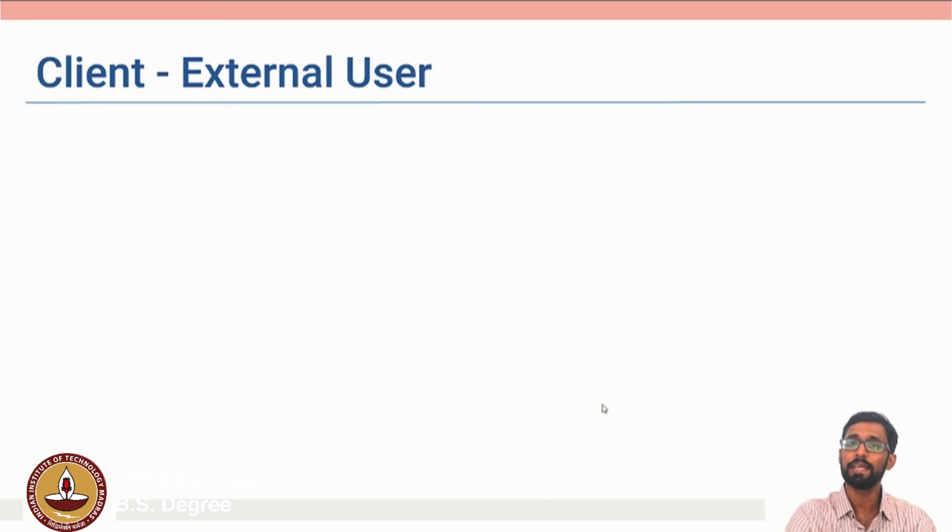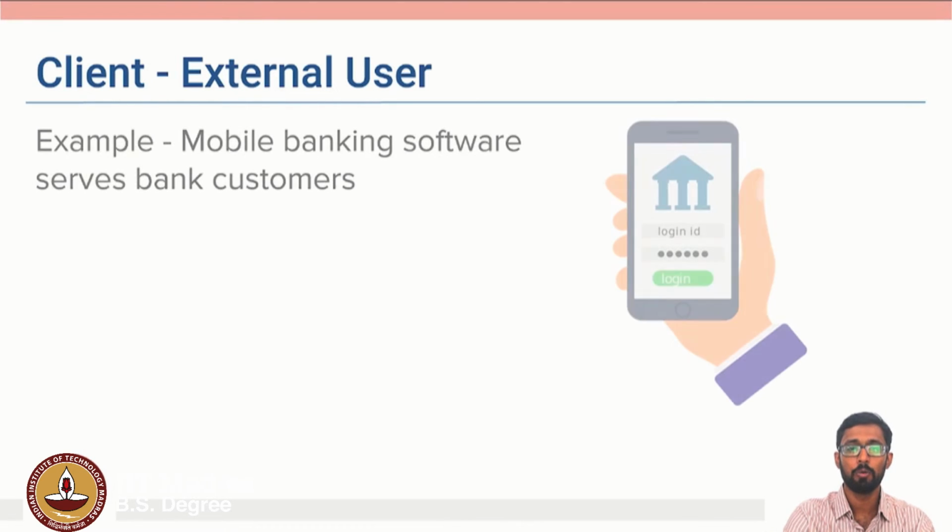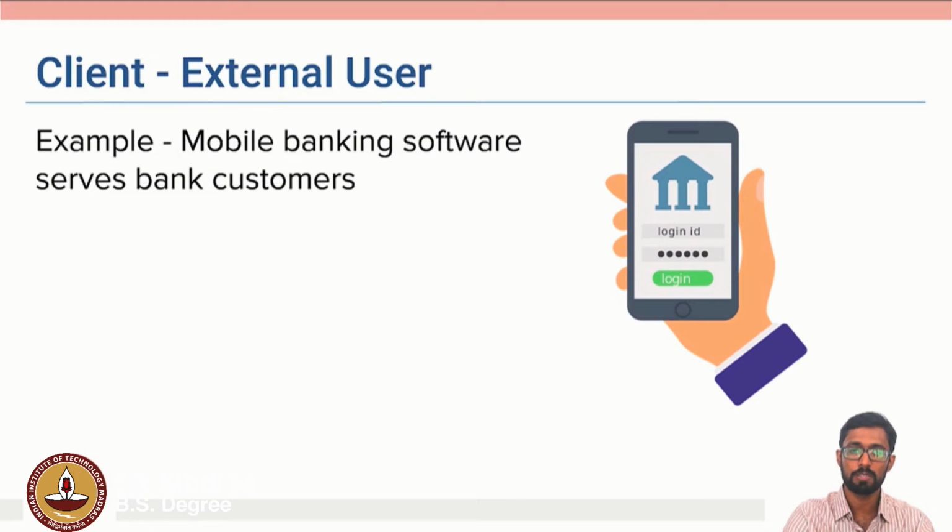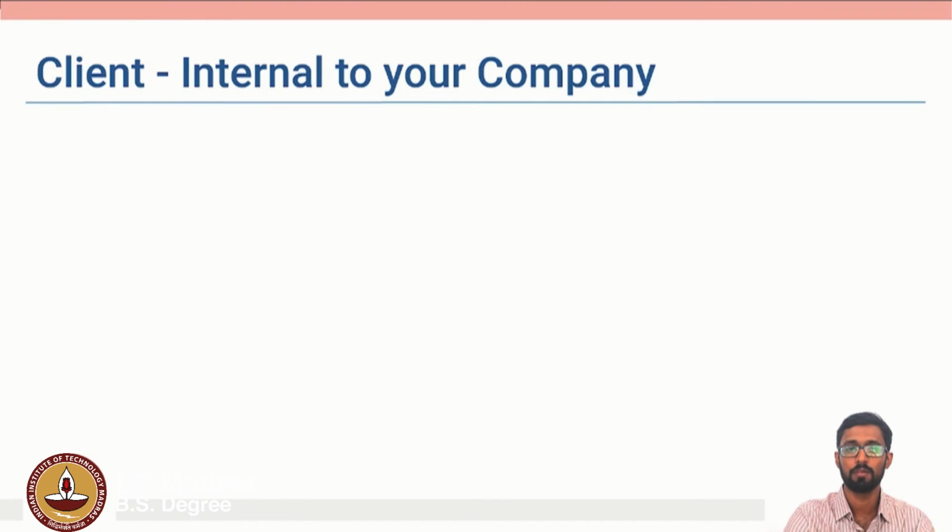A client can be an external user, and this is the most typical way to think about clients. For example, a mobile banking software serves customers of the bank by providing various banking features such as checking the account balance and transferring money. A client may be internal to your company as well.